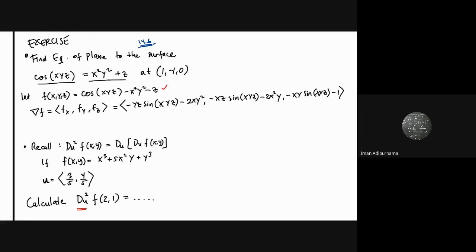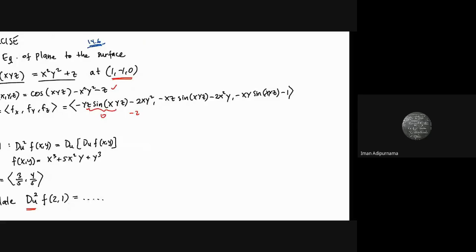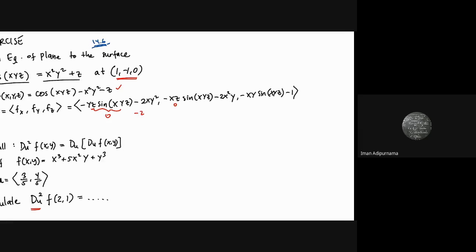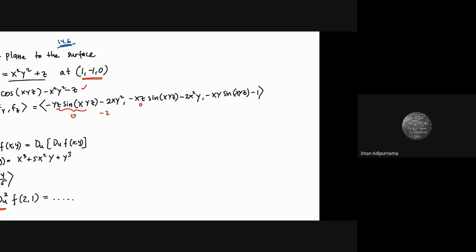But because the point is 1, negative 1, and 0, we can look for z equals 0. So z equals 0 here, it's making all 0, right? So we only have this 2. So negative 1 is still positive. So this will result in negative 2. And here is 0. And we have this negative 2, but we have negative 1, so it's positive 2.